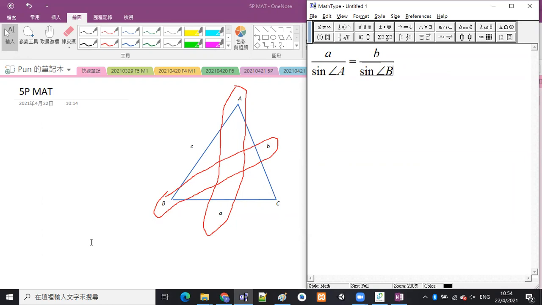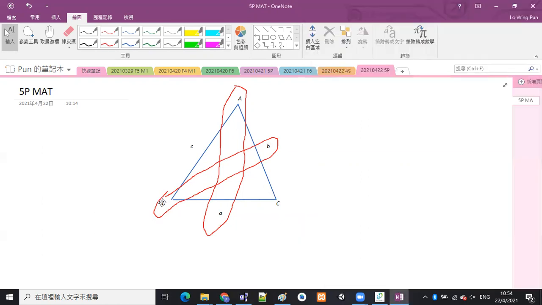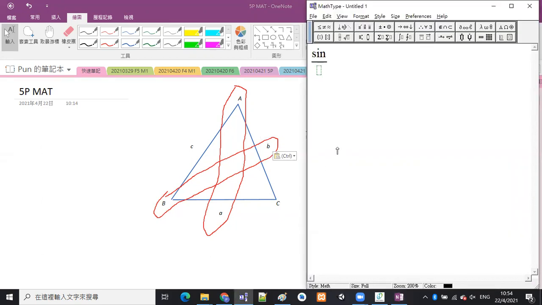Okay, if we know 3 of the 4 things, this equation can calculate the 4th one. That is the concept. Sometimes it will be written like this: sine angle A over length a is equal to sine angle B over length b.